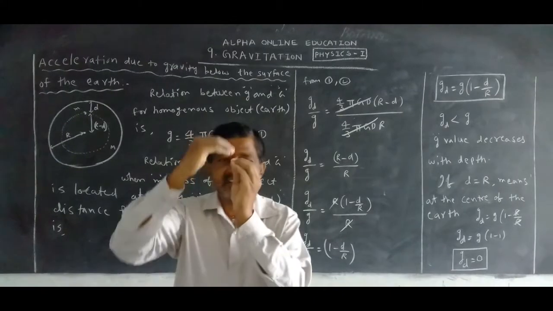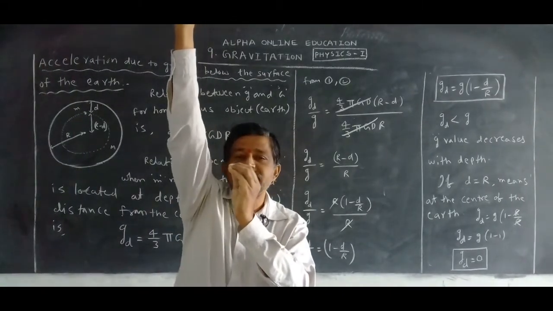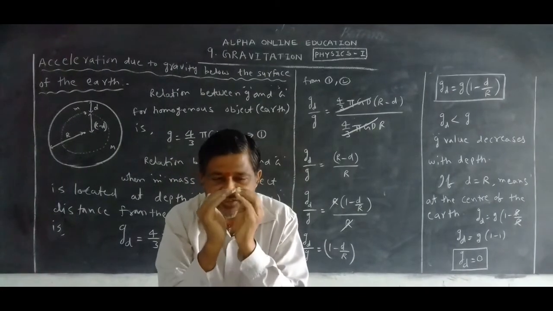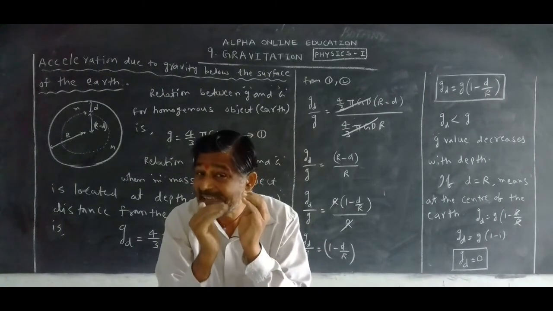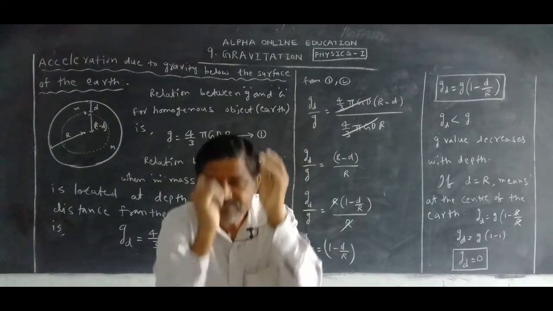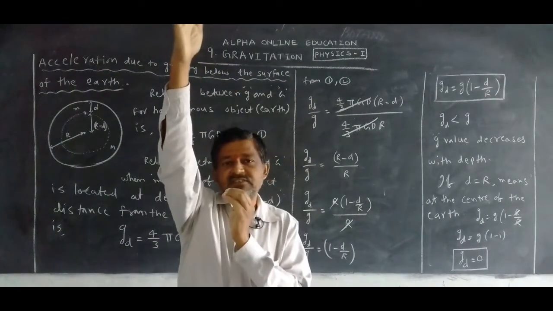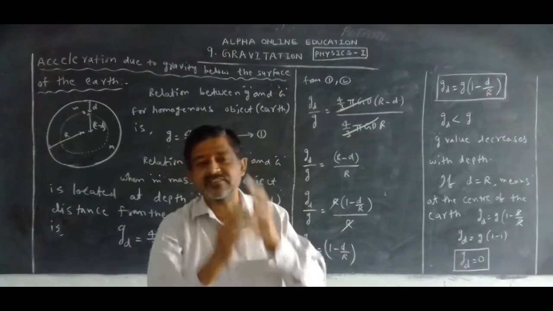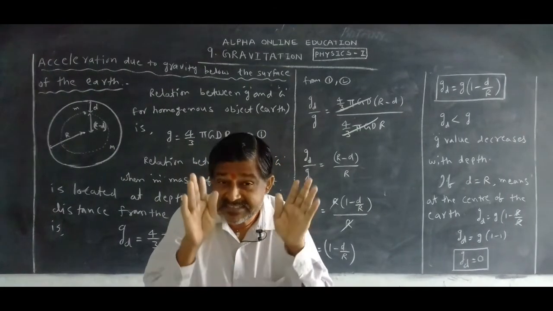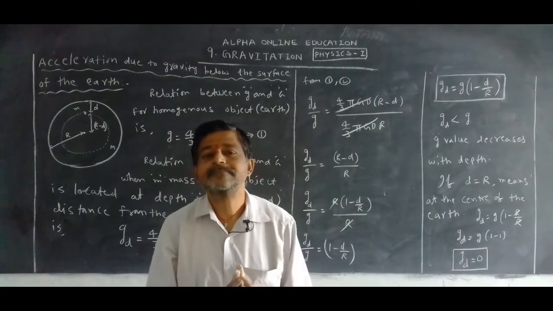Acceleration due to gravity decreases when height increases. Not only that, acceleration due to gravity also decreases when we go below the surface of the earth. Above the surface of the earth and below the surface of the earth, in both cases, acceleration due to gravity decreases.